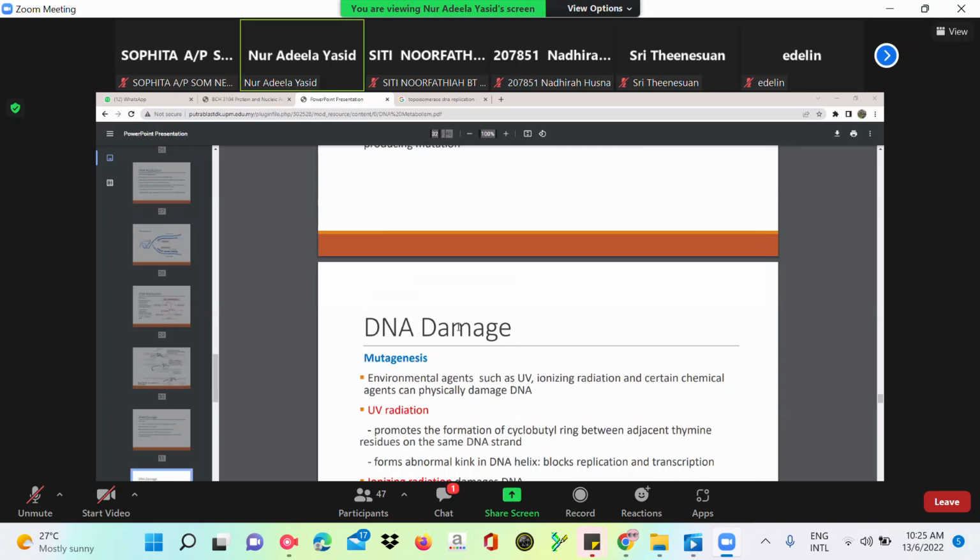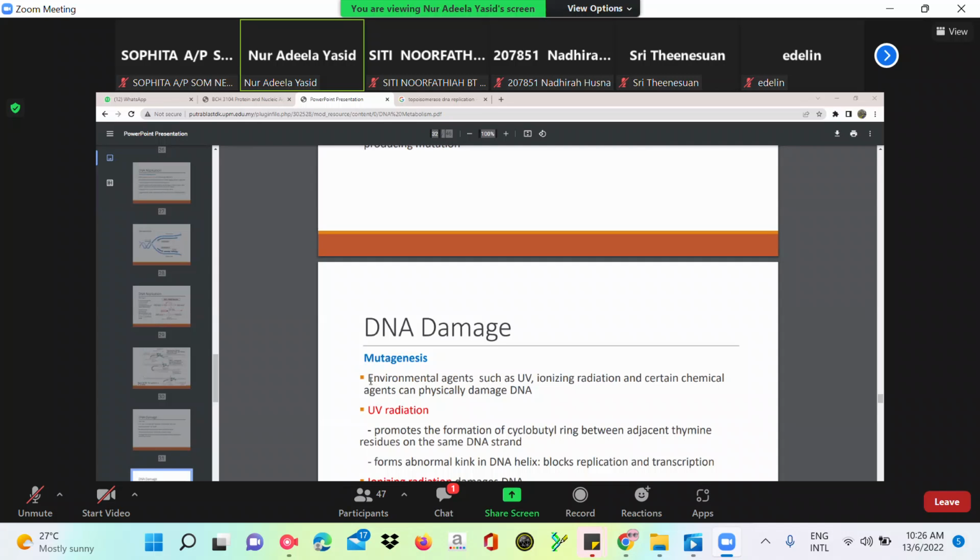Okay, so what is mutagenesis? I have explained this. We have so many environmental factors that can lead to DNA damage. UV, that's why when you go into the lab, you need to be careful with UV, ionizing radiation, and certain chemical agents like ethidium bromide and acridine orange.